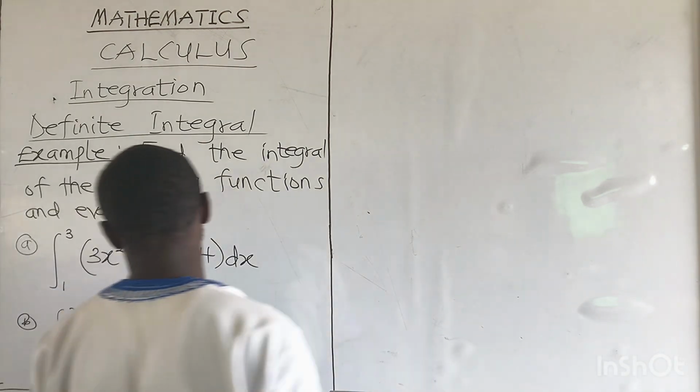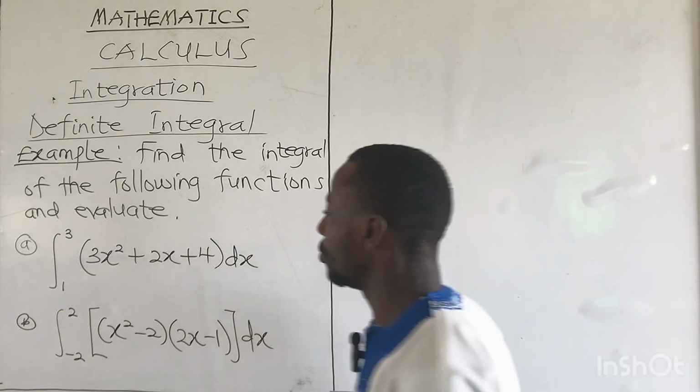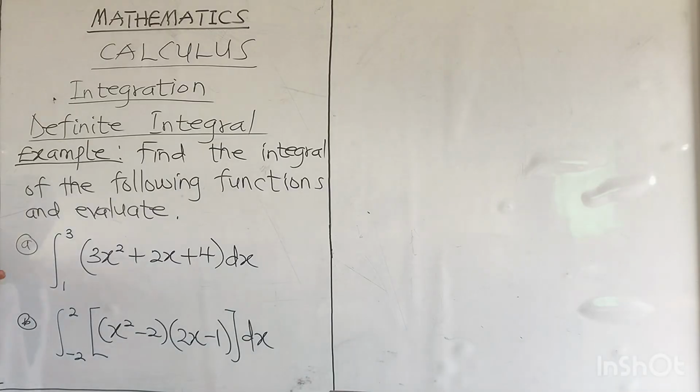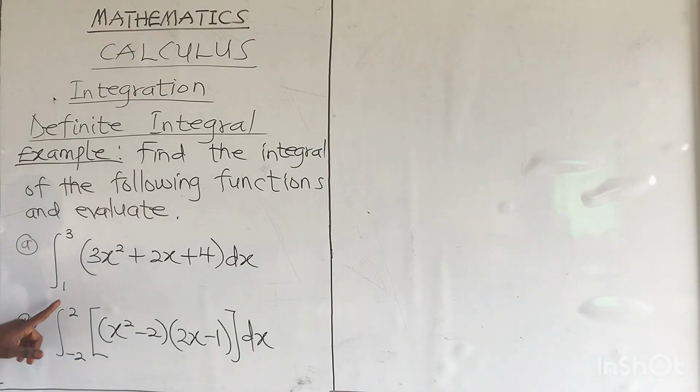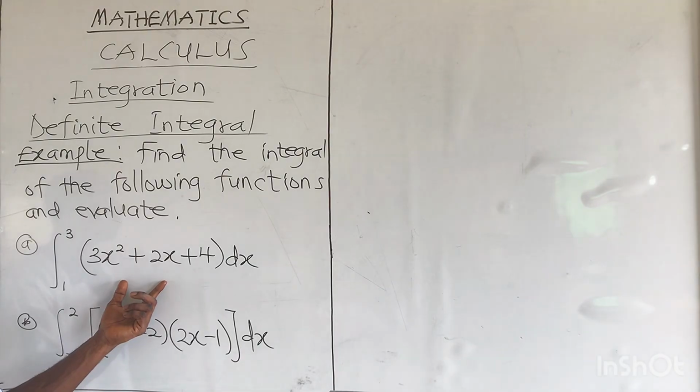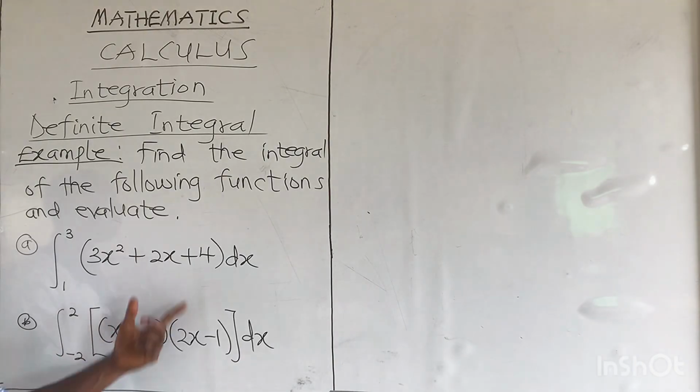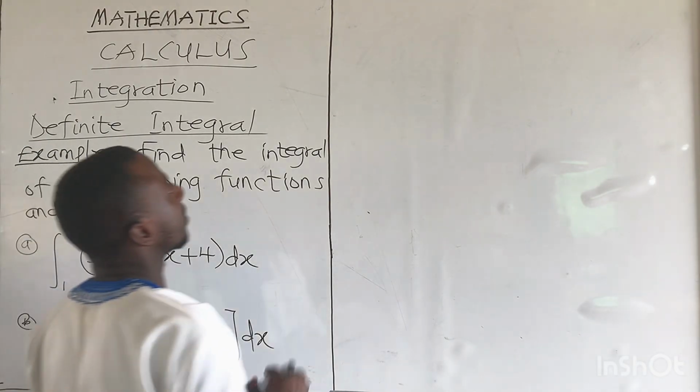So we want to look at these two questions under the definite integral. Over here, limits are applied. So we are going to look at how we can get the solution of these two examples.